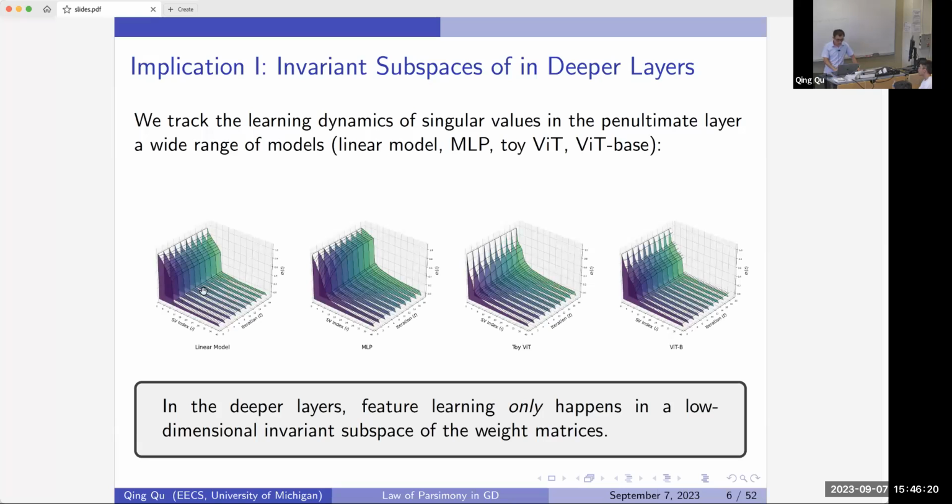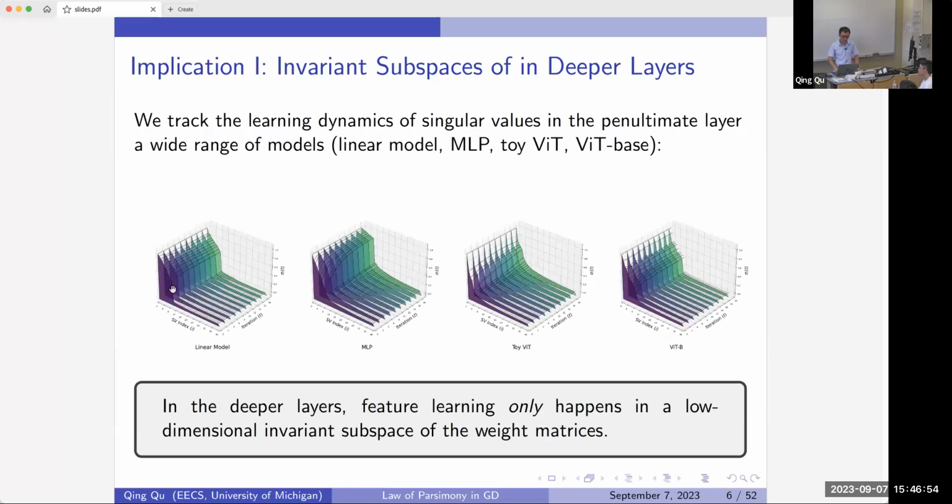The x-axis of each plot is the singular values, sorted, and the y-axis is the learning iterations, from iteration 0 to say 20 epochs. And the z amplitude shows how large the singular value is.